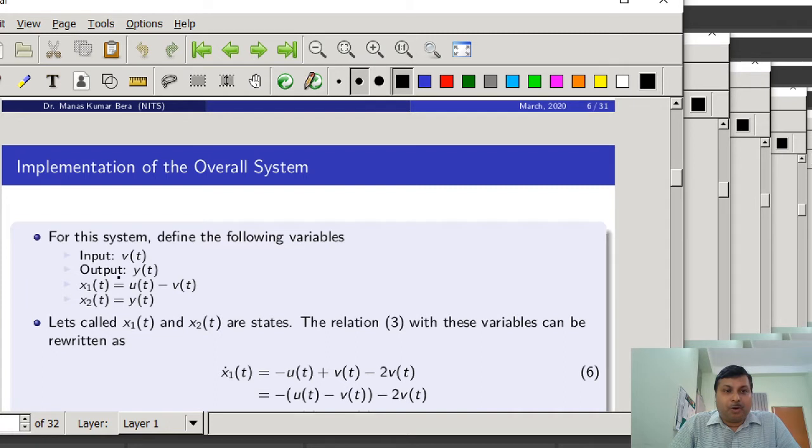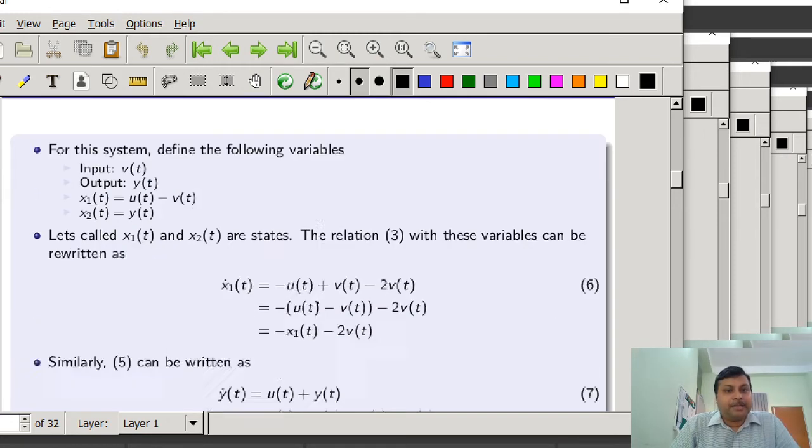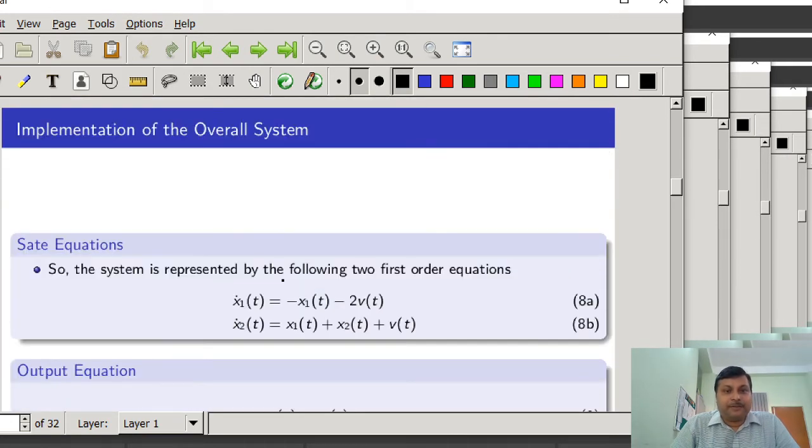Along with input and output, we have defined these two variables x1 and x2, and we are calling them states of the system. We wrote the system dynamics as the first derivatives of these two states, x1 dot and x2 dot.